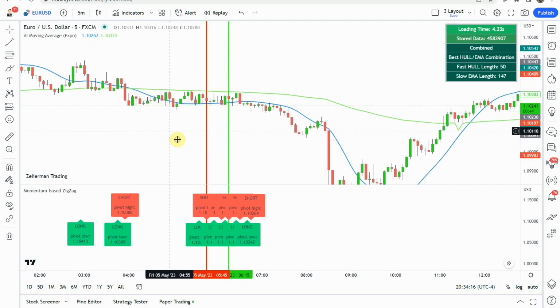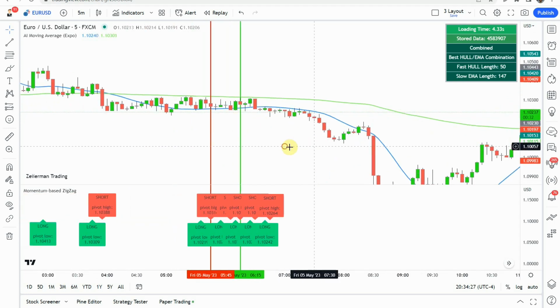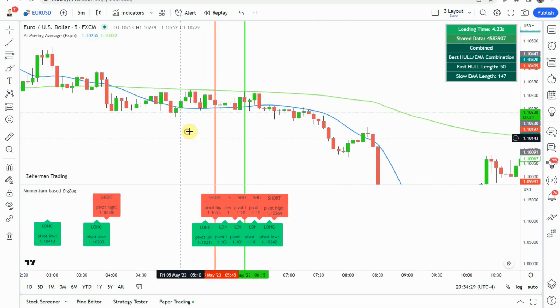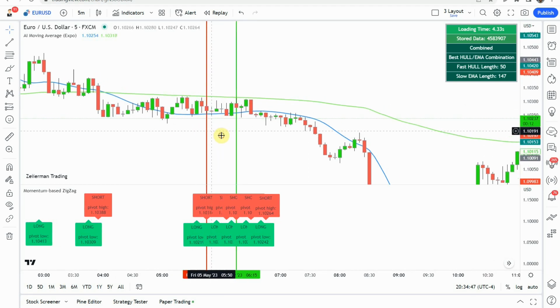We are then going to look for a short tag to appear on the zigzag indicator here at the bottom. When that short tag appears, the price action needs to be between the blue and green moving average. So it can't be below the blue moving average or above the green moving average. Needs to be right in the middle.